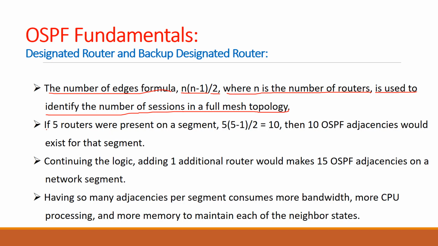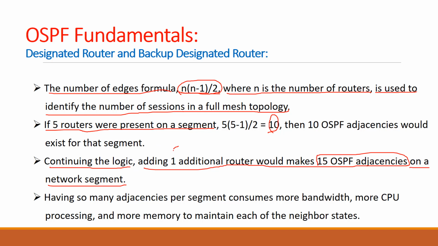So let's give an example. If we have 5 routers present on a segment, the number of OSPF adjacencies will be 10 for that segment if we follow this formula. Continuing the logic, adding 1 additional router would make 15 OSPF adjacencies on a network segment.